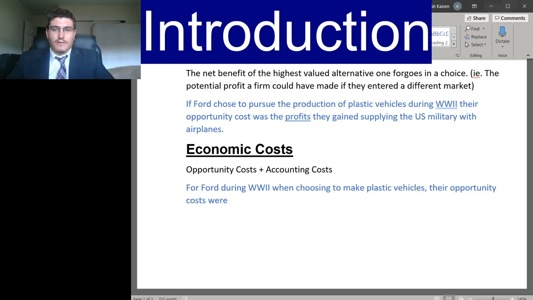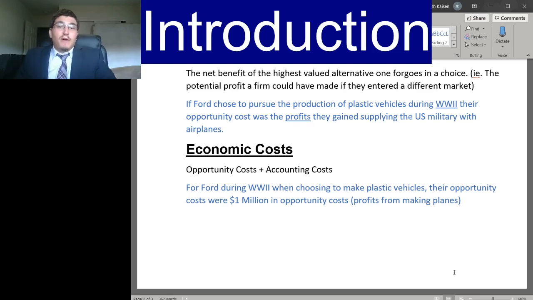At the time, maybe $1 million was reasonable. So their opportunity cost would have been $1 million. That's the profits that they could have made, or would have made, or did end up making rather, from selling planes to the U.S. military during World War II.